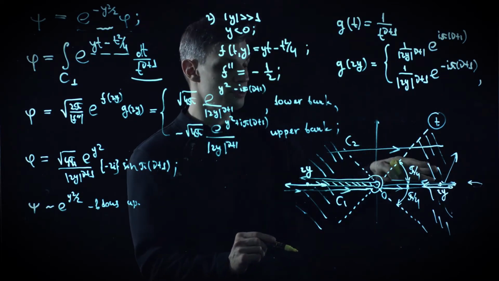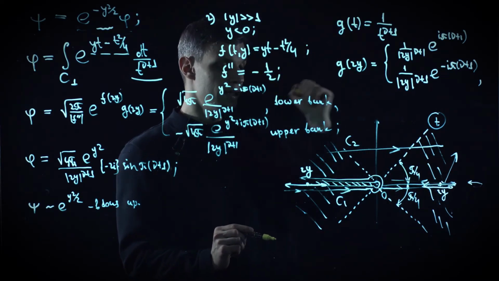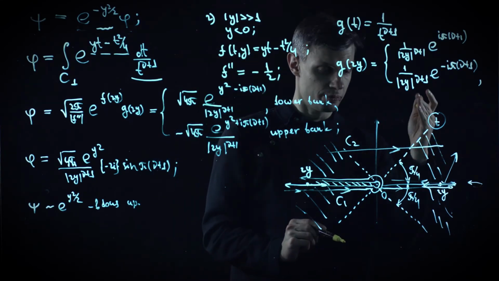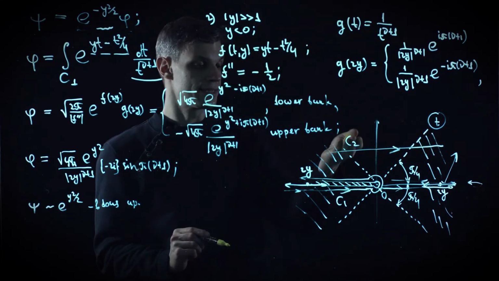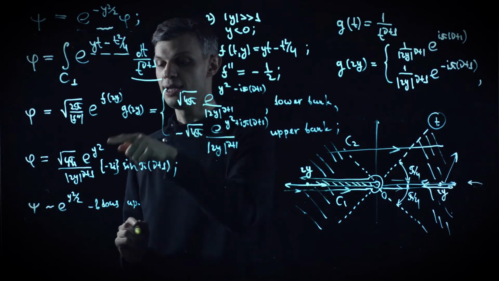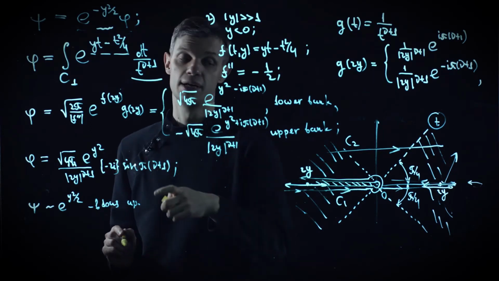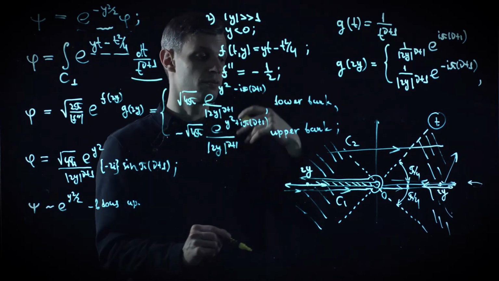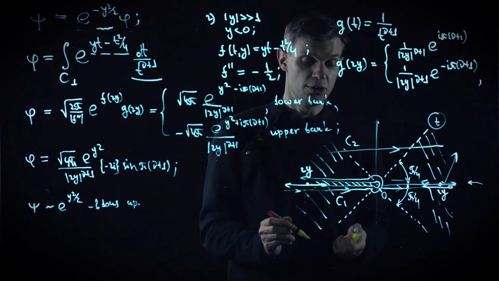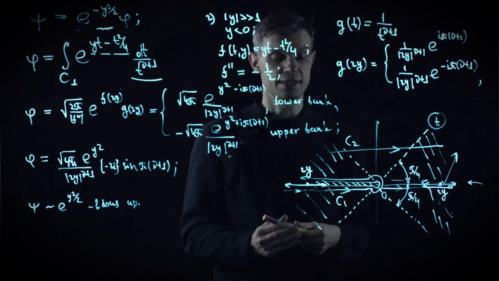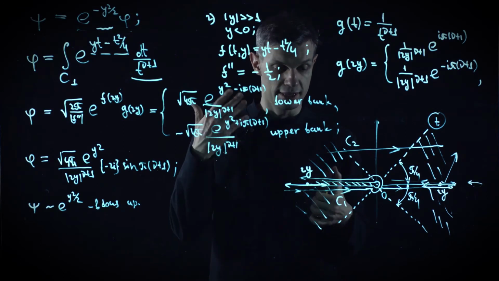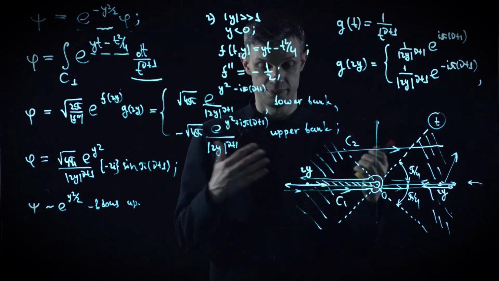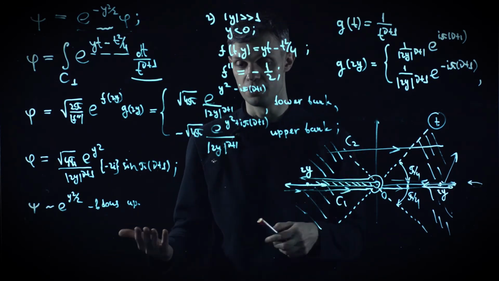So this contribution won't cancel. And that means that for large positive values of y, the behavior would be a similar exponential type behavior, and the wave function will blow up. So both of these contours don't suit our purpose. They don't lead to a bounded solution at large positive or negative values of y.